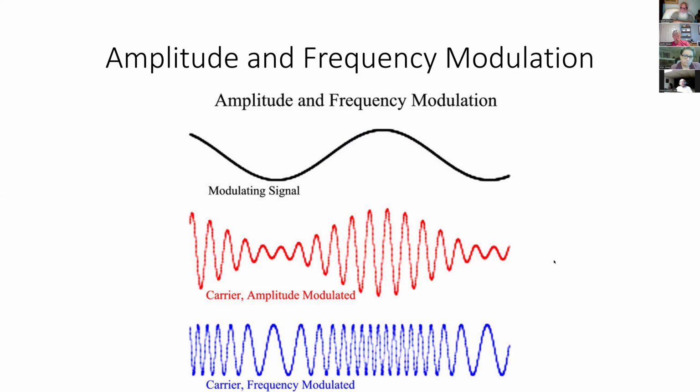For FM, at the purple trace at the bottom of the screen, you can see that the frequency of the carrier changes dependent on the amplitude of the modulating signal. In other words, for high positive voltage, the frequency might be higher, and for a high negative voltage, the frequency might be lower. And phase modulation looks very much like frequency modulation. The difference is in amplitude modulation, the frequency of the carrier is constant and the amplitude changes. In frequency modulation, the amplitude is constant and the frequency changes.